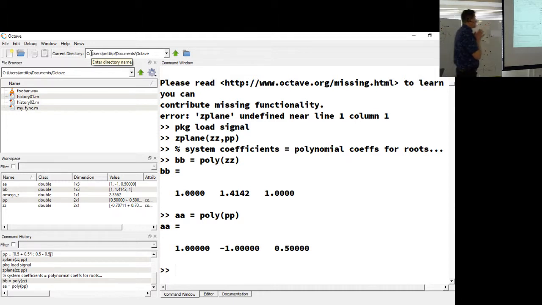The next step would be to look at the impulse response, frequency response, group delay. We already did the Z-plane, and then the amplitude response. Let's start from the amplitude response, or frequency response.